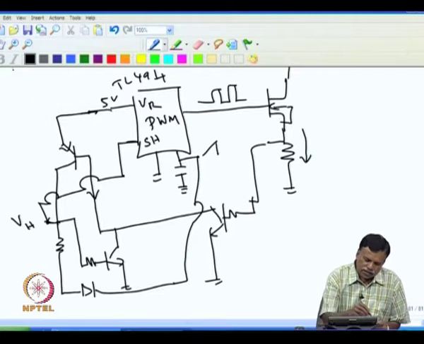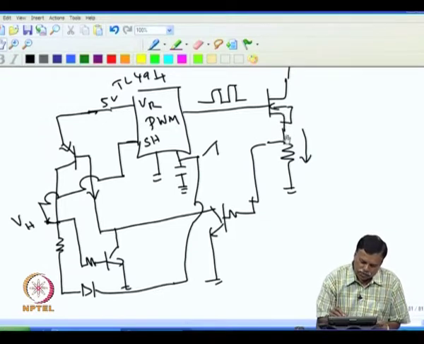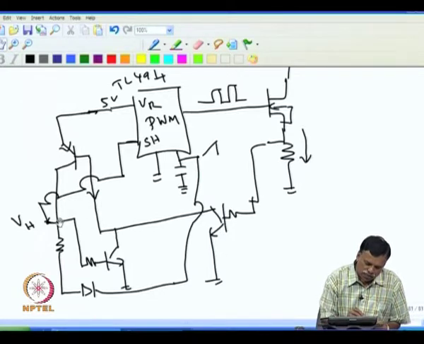Once the current goes high, and if this voltage goes more than 0.6, then this transistor conducts, then that current actually goes through this, and that will make this voltage go high. Of course, we can limit the current by putting a lower resistance so that it will not disturb this, and once this voltage goes high, this will be shut down.